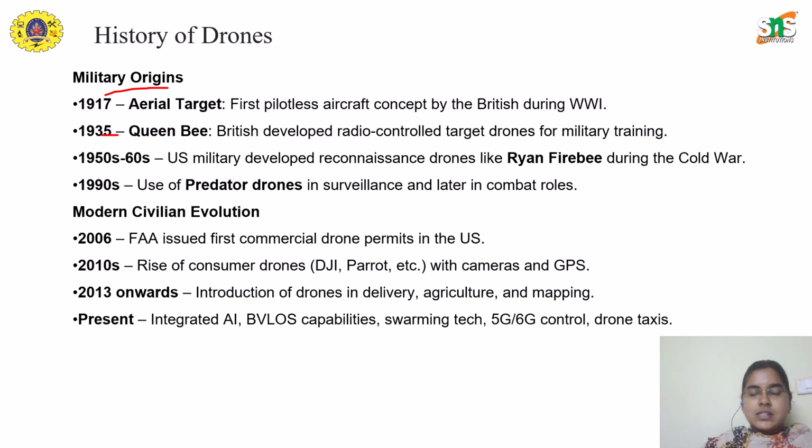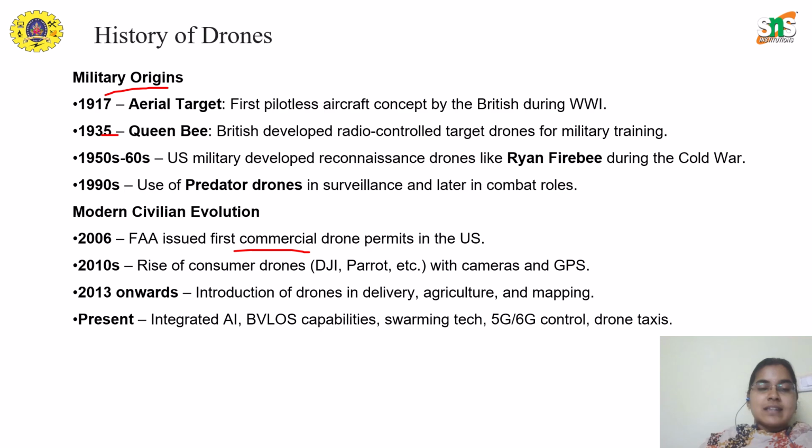In the modern era, in 2006, the FAA issued the first commercial drone permits in the US. In the 2010s came the rise of consumer drones like Parrot, with cameras and GPS. In 2013, drones were used for delivery and agriculture mapping.